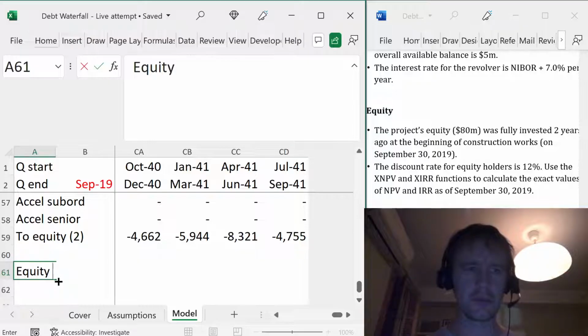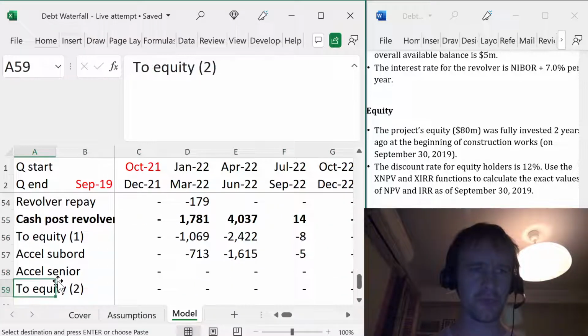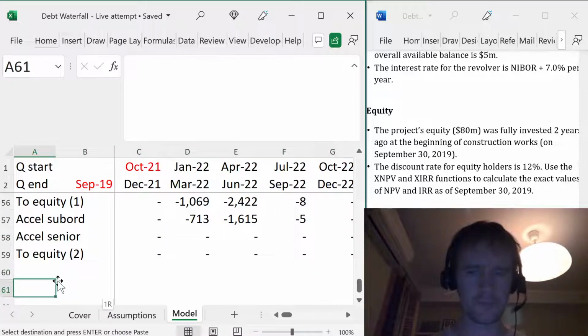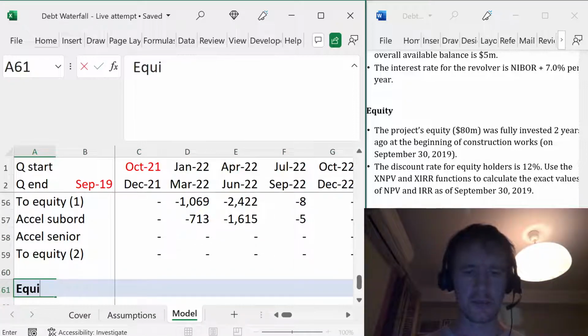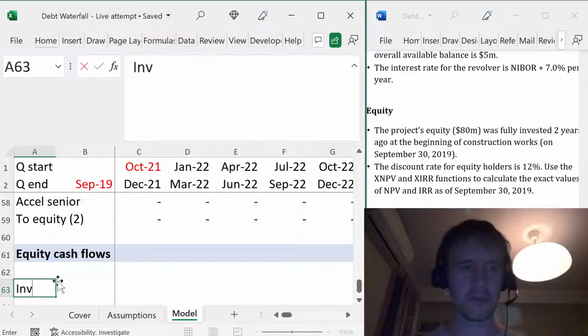Equity, I guess I should really make this a section, since I'm semi-formatting this. So equity, cash flows. And I suppose if I'm being very diligent, I would say, yeah, fine. Investment.